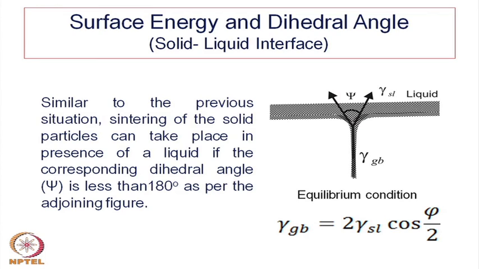Grain boundary is formed on its own, it is a solid solid interface, and it is not a solid liquid solid interface. So, it is basically a solid solid interface, but growing out of the solid liquid interface. So, solid liquid interface is getting eliminated and solid solid interfaces are getting created, just like in case of solid state sintering, where solid vapor interface is getting eliminated and solid solid interfaces are created.